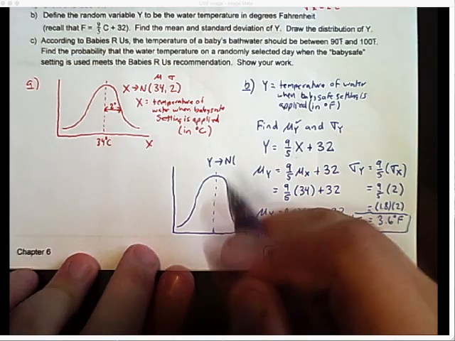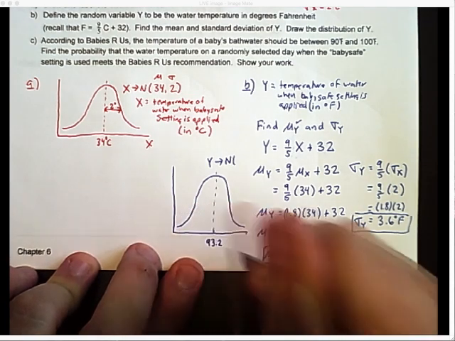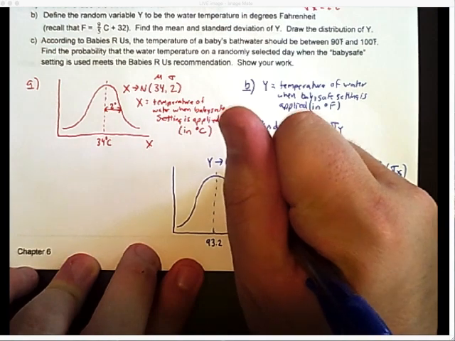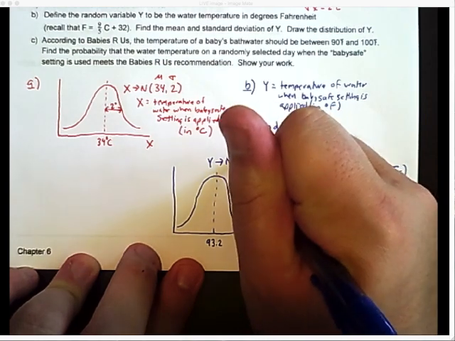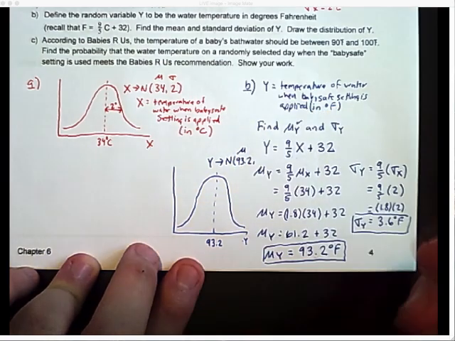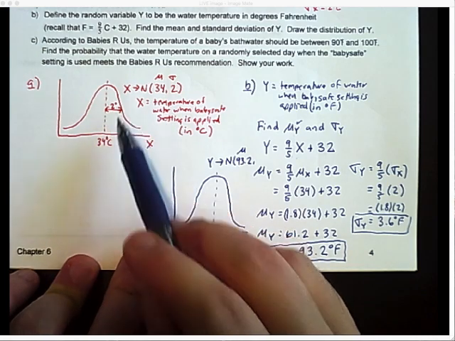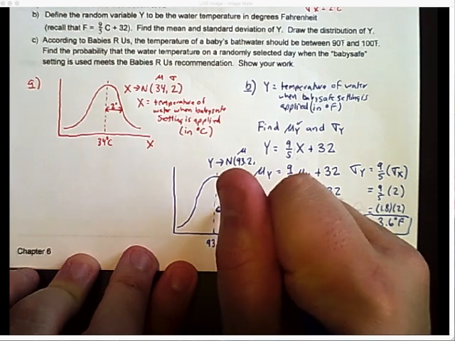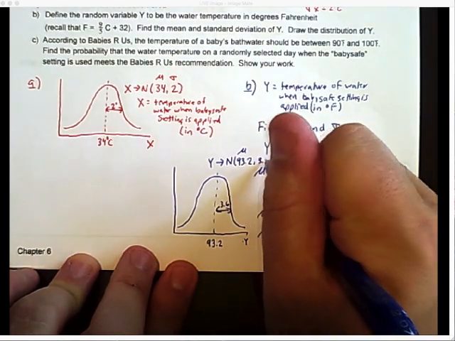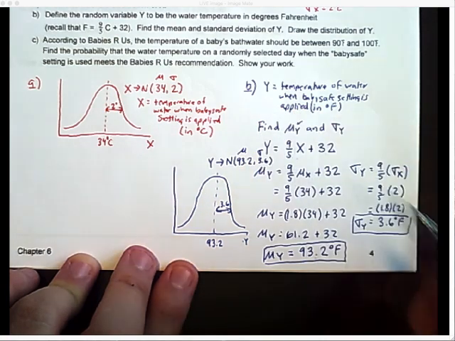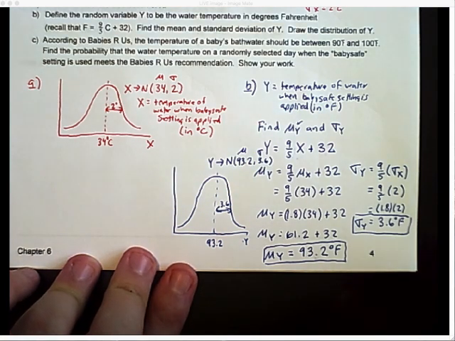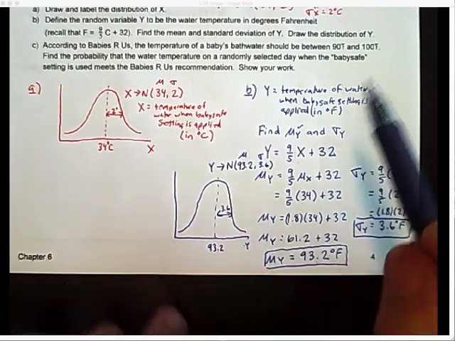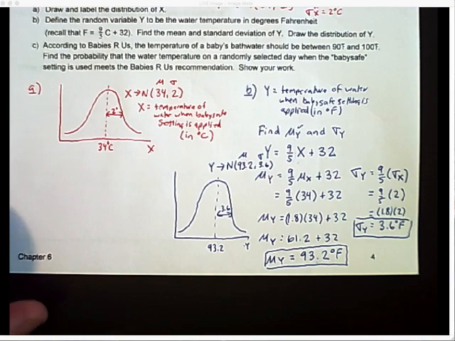The new center is 93.2. The old spread was 2. The new spread is 3.6. That's the new sigma. So y will also be normally distributed. It does not change the general shape.